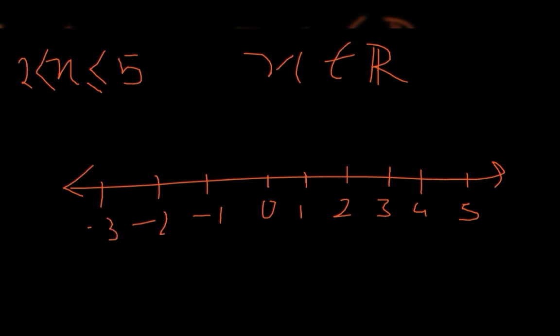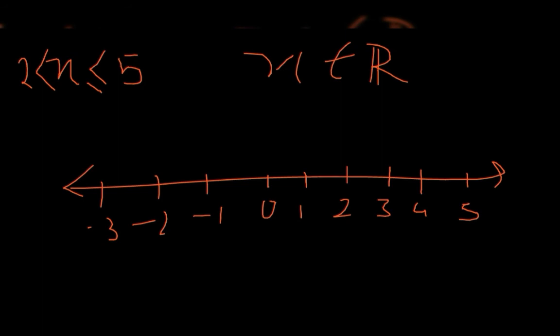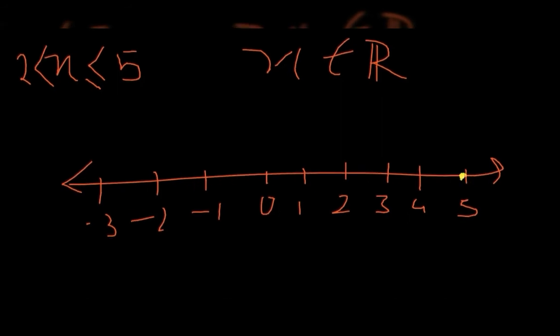Mind the spacing between the numbers, it should be uniform. So you'll see here 5 is closed, so I'll draw a filled circle on the 5. 2 is not closed, so I'll just draw a small open circle here, and then I'll join these two points.